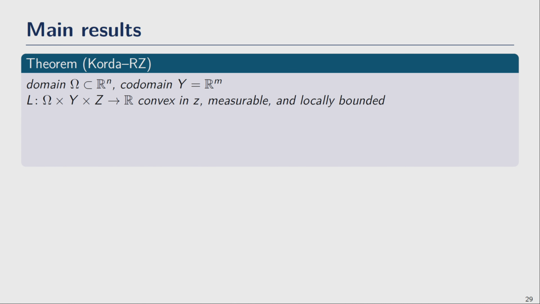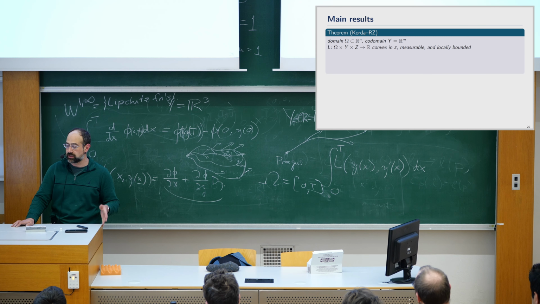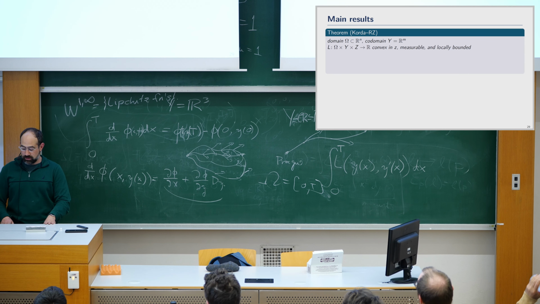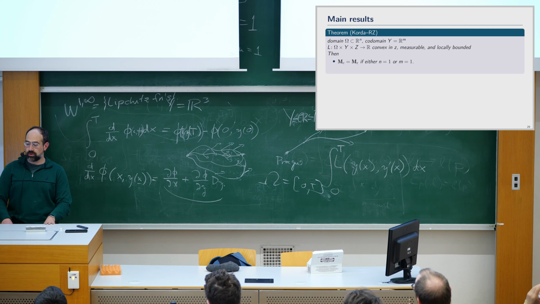And so the result we found with Milan is this, that if you have now a Lagrangian, and you have some hypotheses, I'm not listing everything here, but they are really mild. It's basically that L, the Lagrangian that we're integrating, should be convex in the last variable, in the derivative, and locally bounded and measurable.